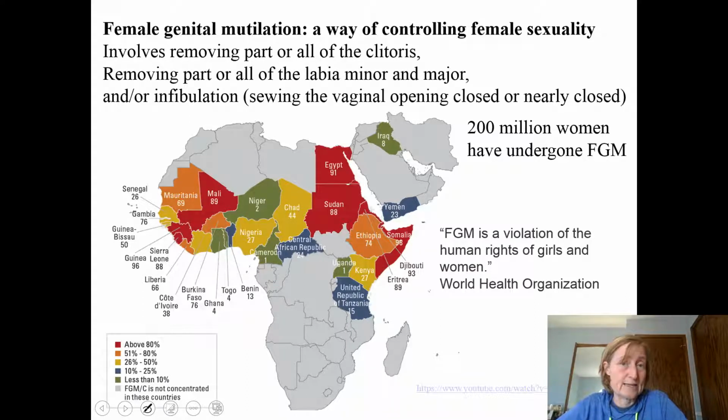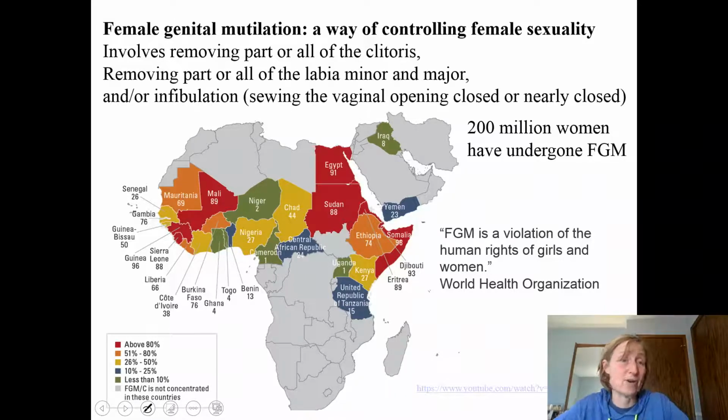In these societies, it's typically a part of the culture, a part of growing up, becoming an adult, and it involves either in early childhood or just before adolescence, the removal or cutting away of parts of the external genitalia.